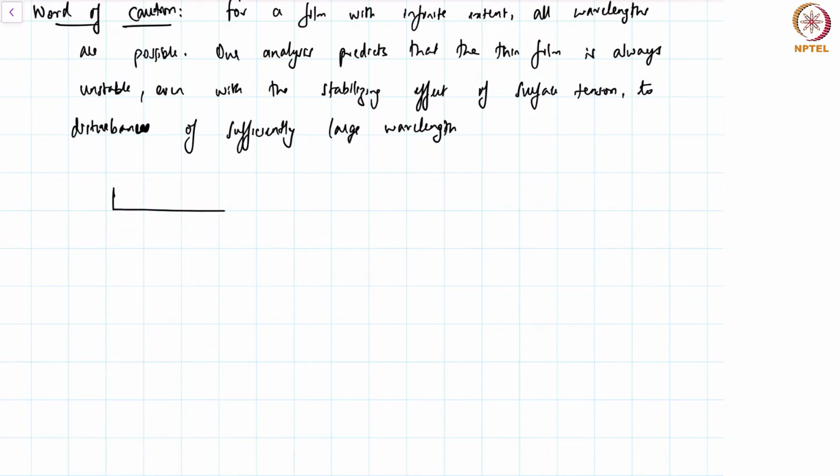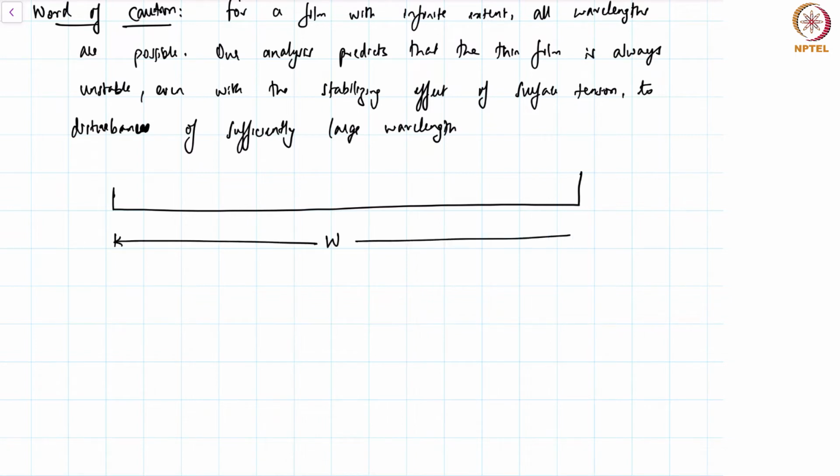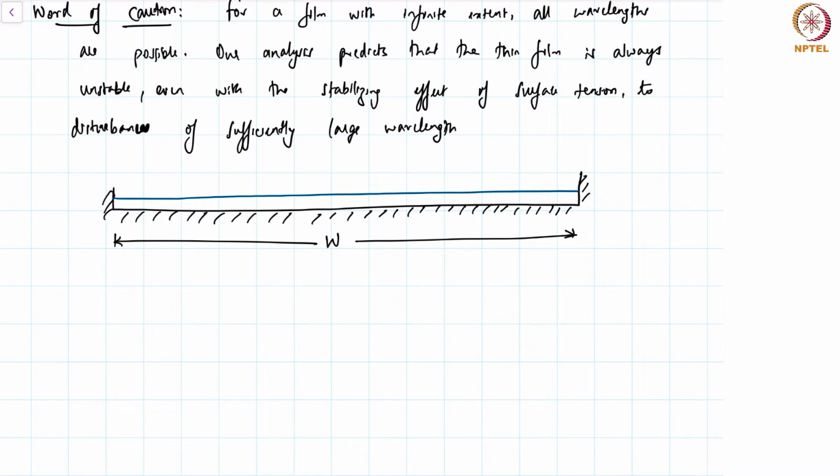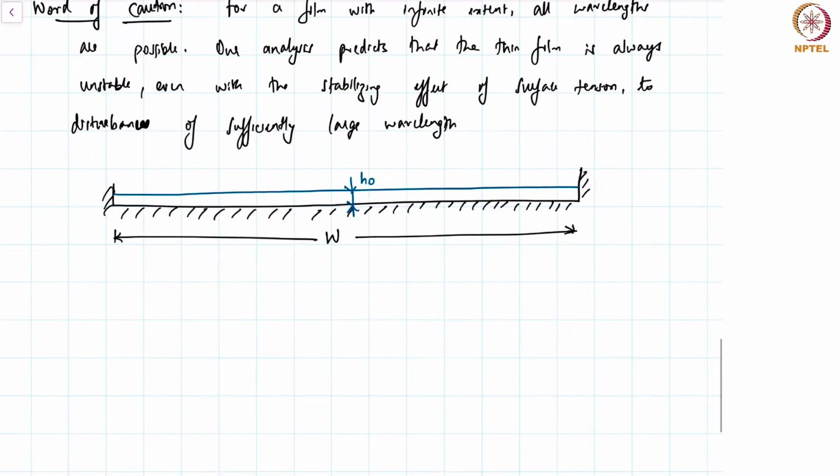So for example, if I take a container here of, let's say, width W, this is my container. And in this container, there is a thin film. My initial thickness of this thin film is H0. Okay.